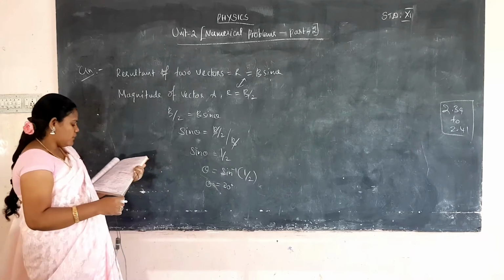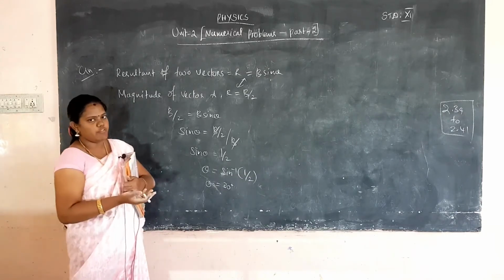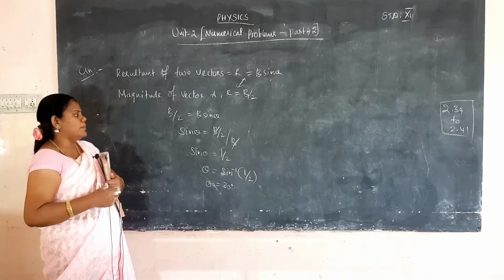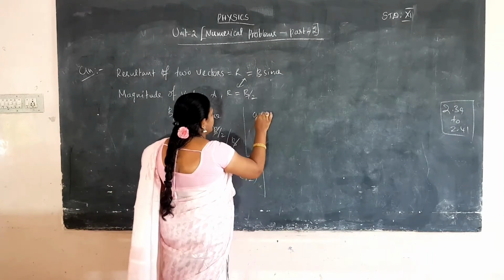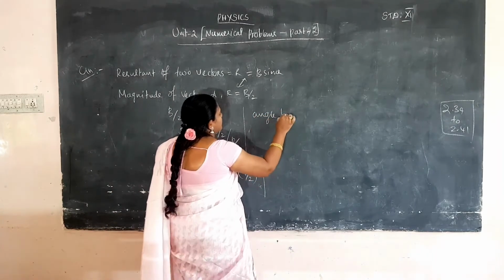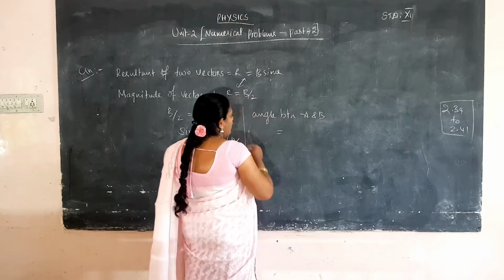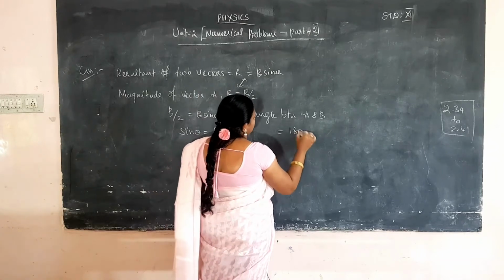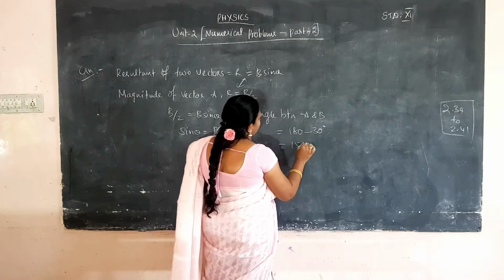We want to calculate the angle between A and B. We found the normal angle, but the total angle between A and B has to be calculated. So we subtract this value from 180 degree: 180 minus 30 is 150 degree.